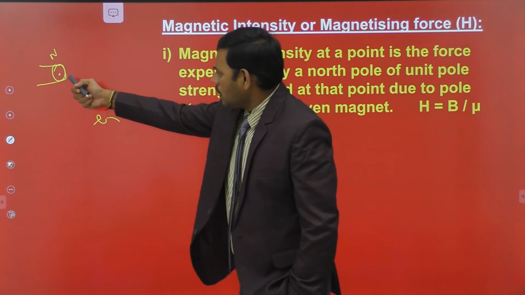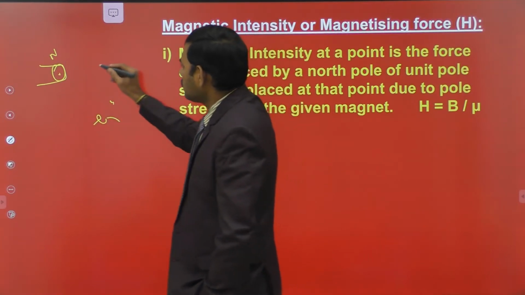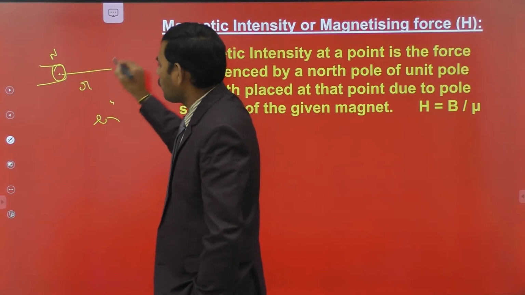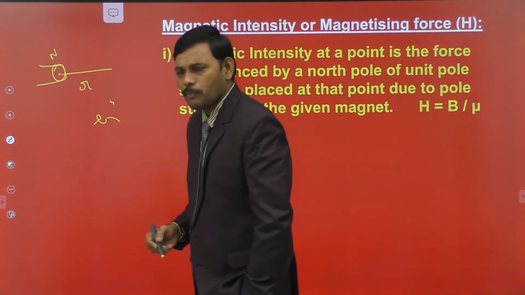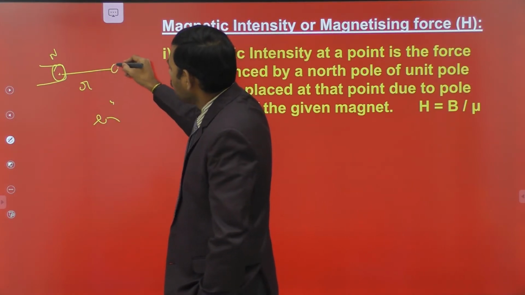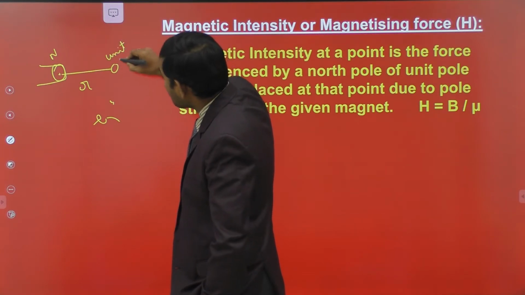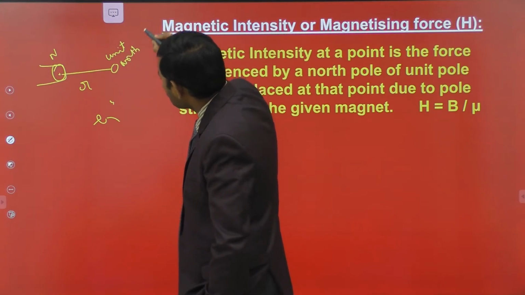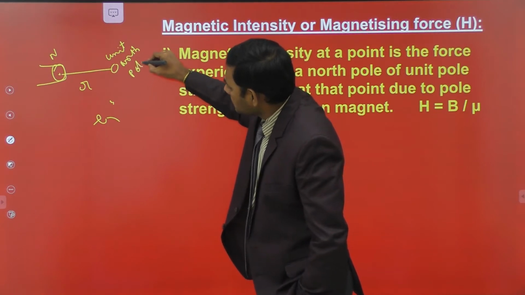Let this one be the north pole of any magnet. At a certain distance r from this north pole of the magnet, let us assume a unit north pole. Students, you must consider a unit, especially only north pole. So let us assume a unit north pole at a particular point.